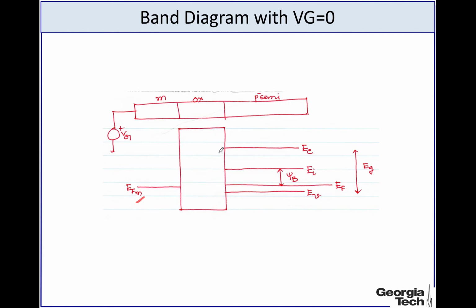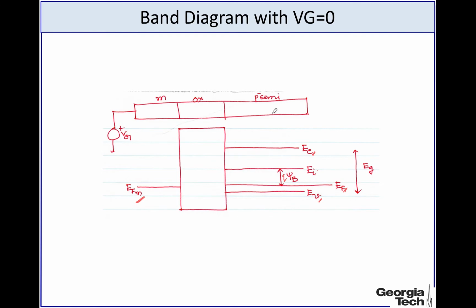In an oxide the Fermi level is not defined, and for the semiconductor as usual you have EC, EV, EF, and EI is the Fermi level of the intrinsic semiconductor, which is basically just in the middle of the band gap. And q phi b is the gap between the intrinsic Fermi level and the Fermi level, and Eg is the band gap, which is just EC minus EV.